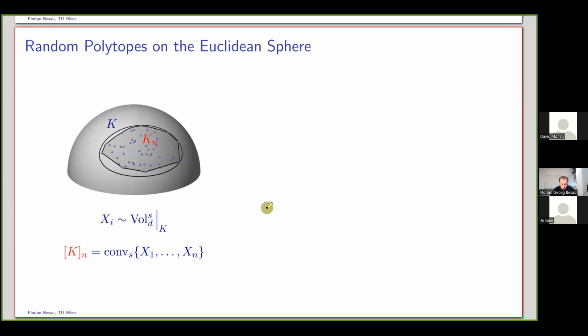Just to mention here, all of these results on the expectations, second moment, variance bounds, and central limit theorems, we are using a similar approach, which I just want to briefly mention. Let's for the moment consider K some C2-plus convex body on the sphere, and we have our random polytope.